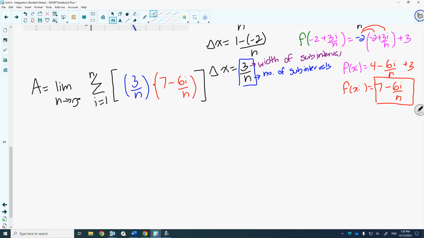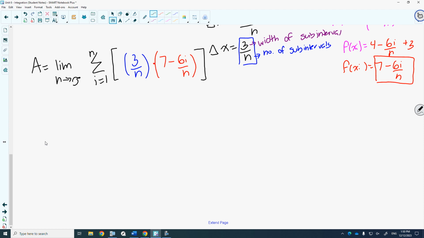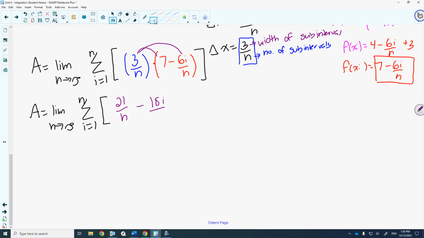Okay, so you set up your limit. From here, let's expand the 3 over n into the binomial. And we will get 21 over n minus 18i over n. Use your properties of limits to separate this into two separate summations.